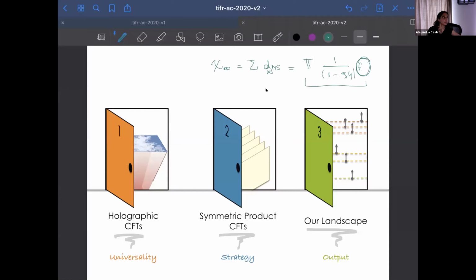Is this related to the results of Silvio, or am I in the right ballpark or not? Staudacher-Beisert comes to mind. Okay.